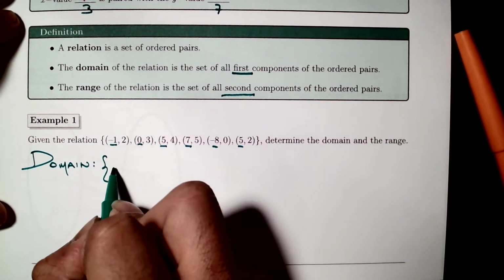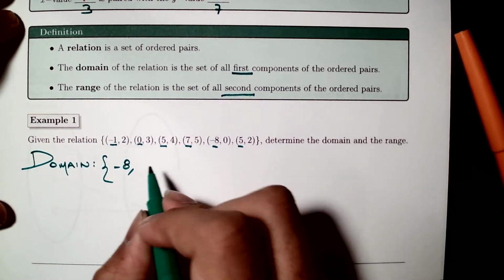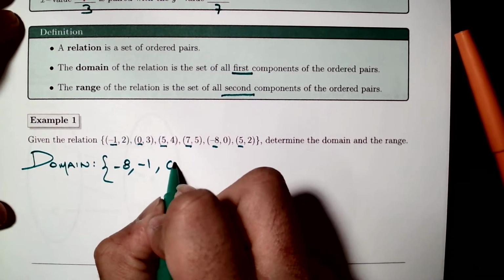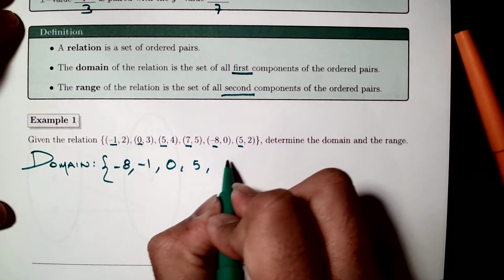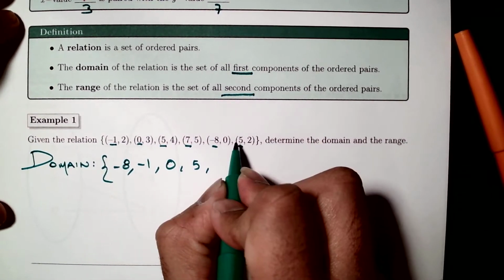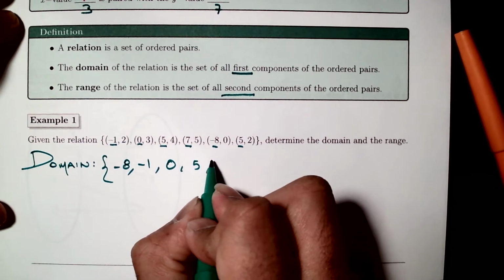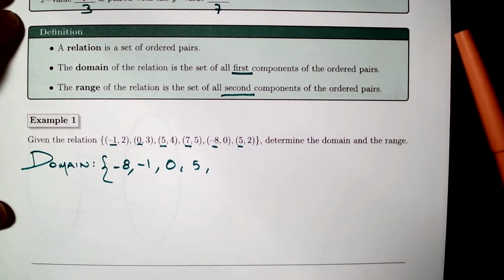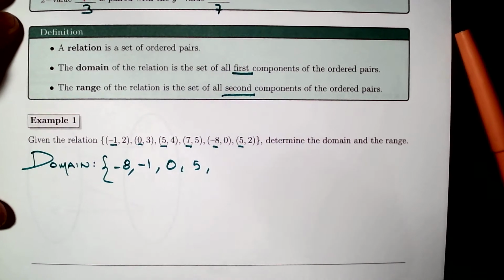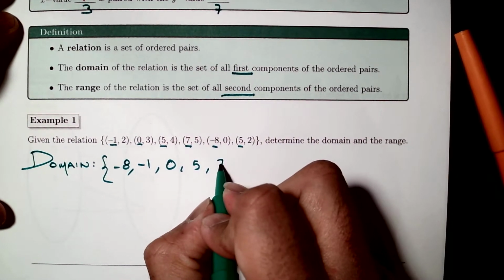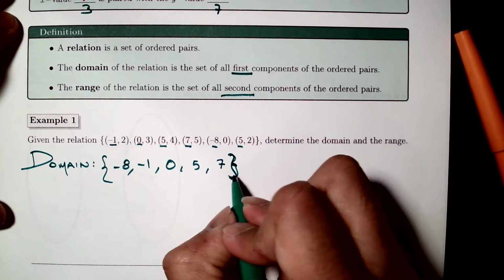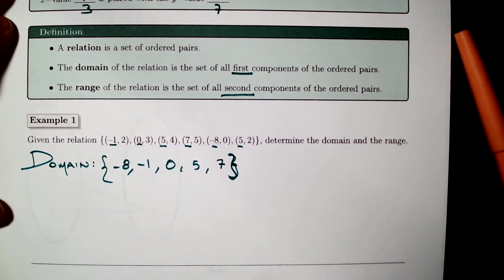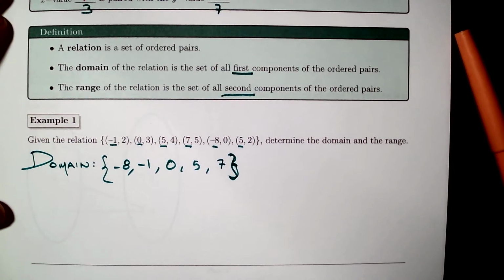The smallest one is -8. Then the next one is -1, then 0, then 5, and then we have another 5. We are not going to write it twice. And finally, the largest of them is 7. Curly brace right here.